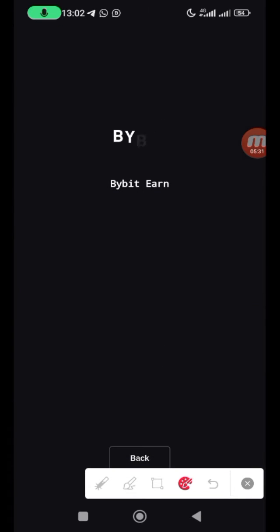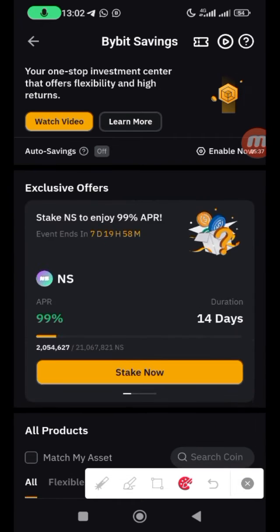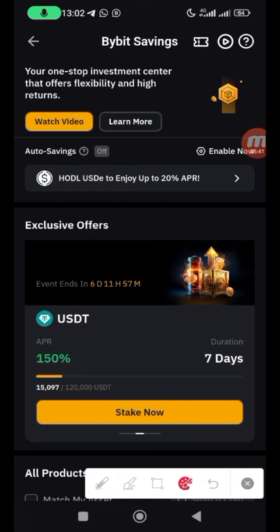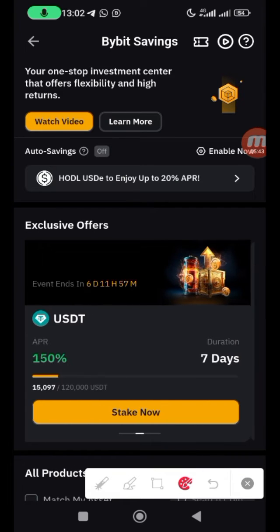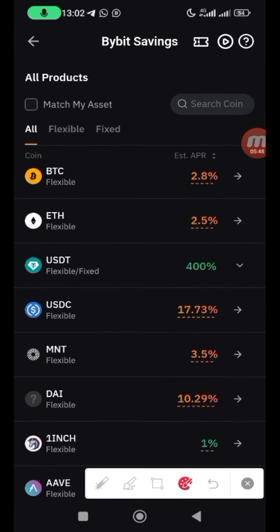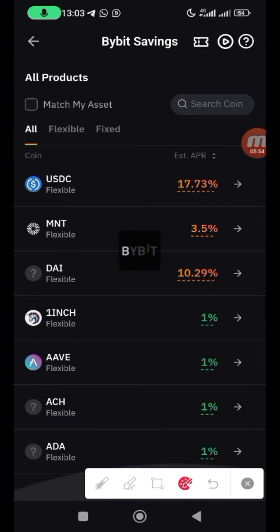Let's look at another one. Bybit savings. Let's go to Bybit savings. You can save your money here, just a way of earning passive income. BTC 2.8%, Ethereum 2.5%, USD 400%.